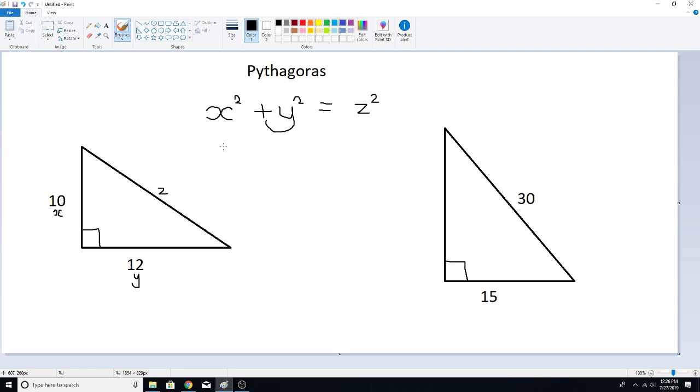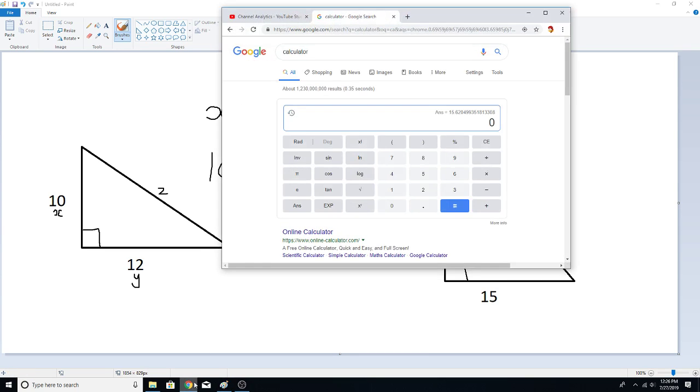So for the first one, if we stick in the numbers: 10 squared add 12 squared equals, so if we stick that in a calculator, 10 squared plus 12 squared.